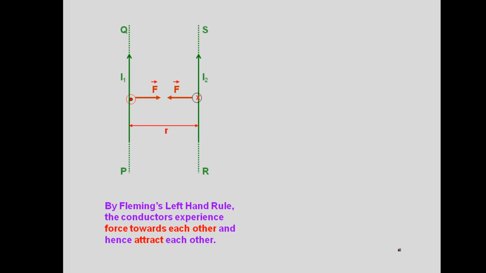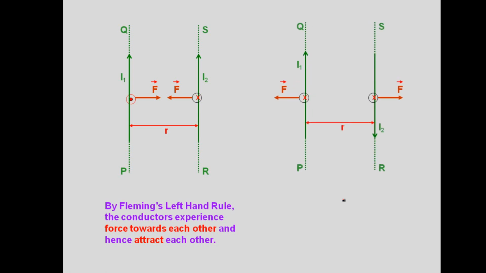Another important concept before moving to the definition: whenever two parallel wires carry current in the same direction, they have a tendency to attract each other, and if the directions of current are opposite, then they have a tendency to repel each other. Here they are repelling because of the opposite direction of current.